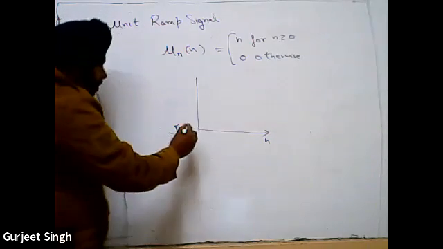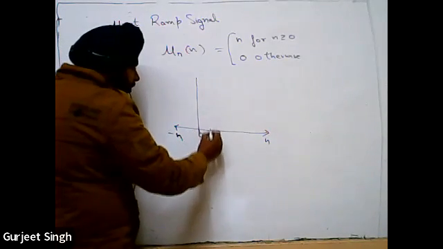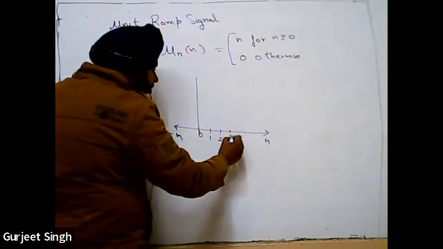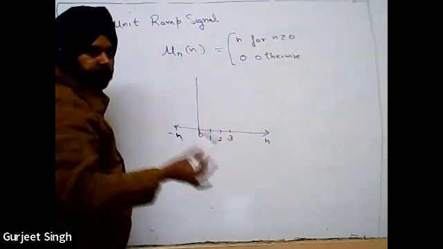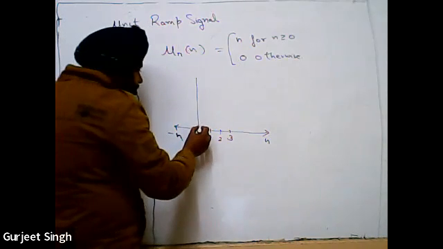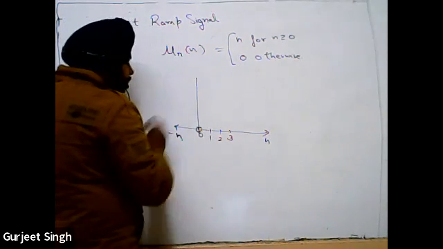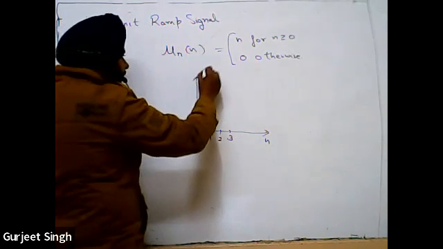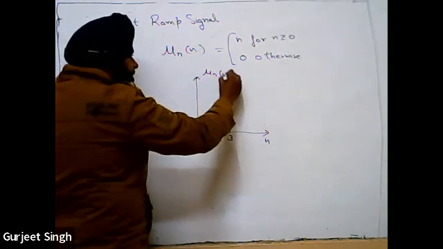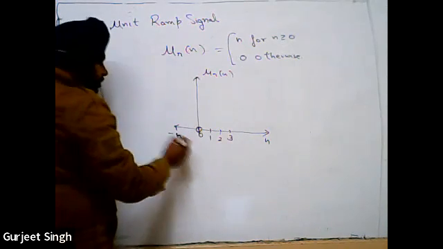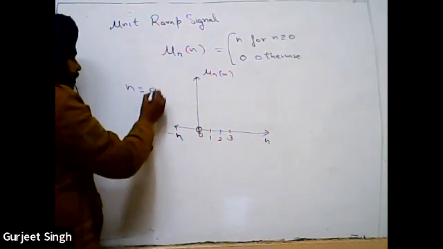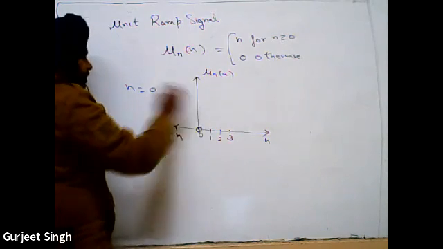So we are talking about 0, 1, 2, 3, positive values of n. At n equal to 0, its value is 0, means its magnitude is 0.